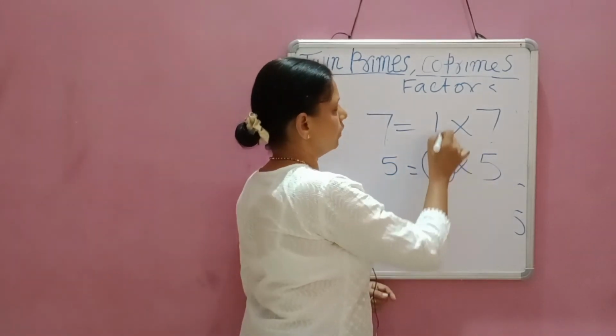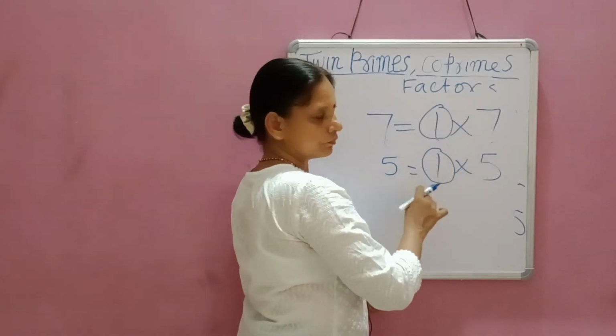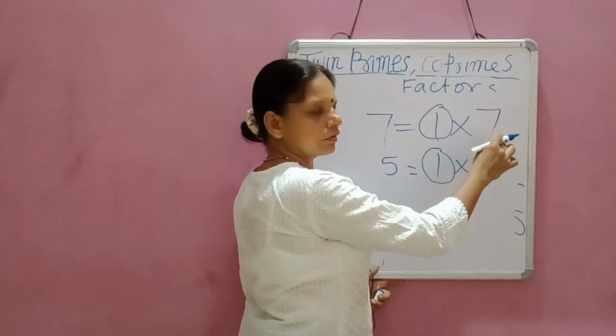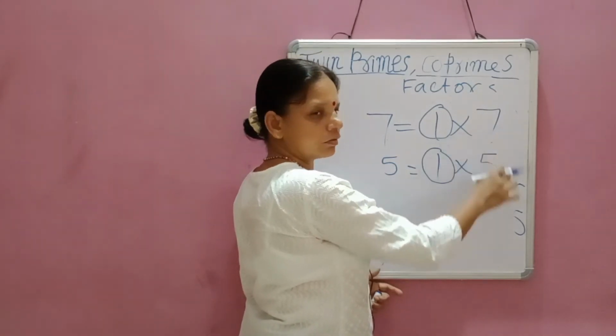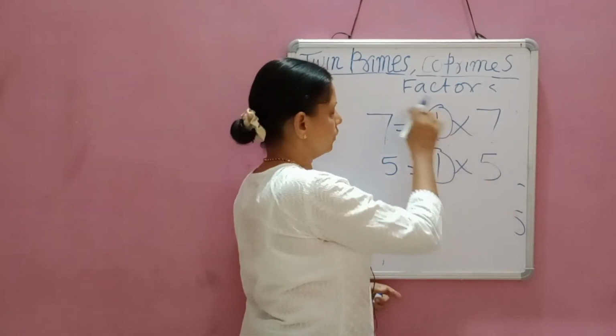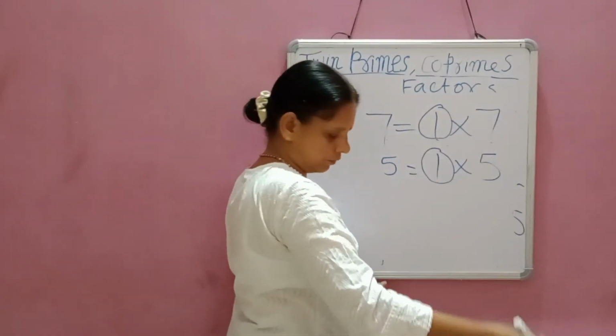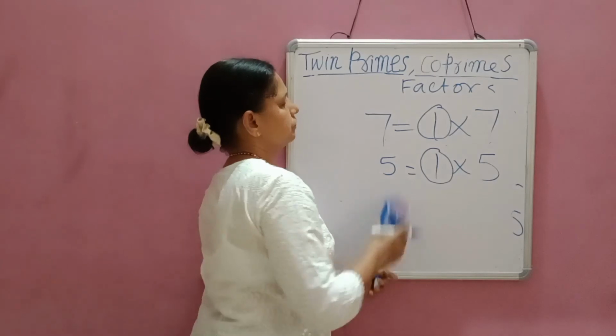Without considering 1, we have to see the factors. So 7 and 5 are not the same. So these are coprime numbers. Clear?